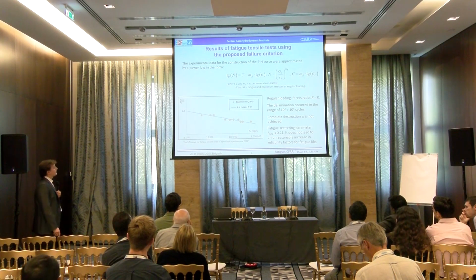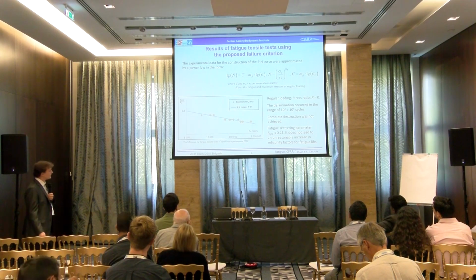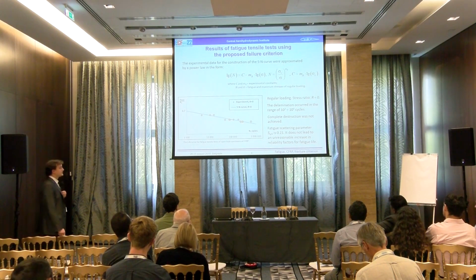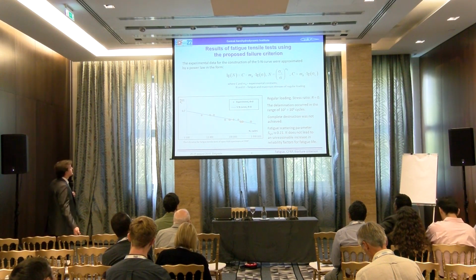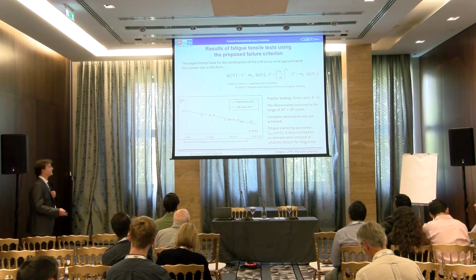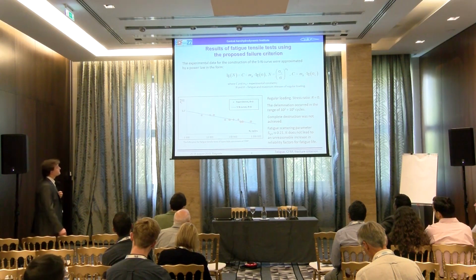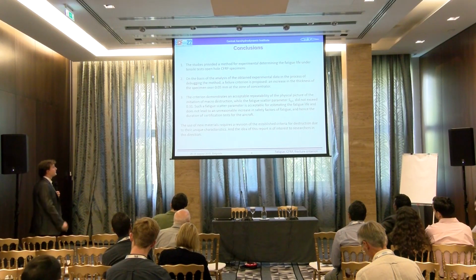And in this case, the fatigue scattering parameter was 0.21. It's a very good value of this parameter. It doesn't lead to an unreasonable increase in reliability factors for fatigue life, and it makes this investigation really successful.